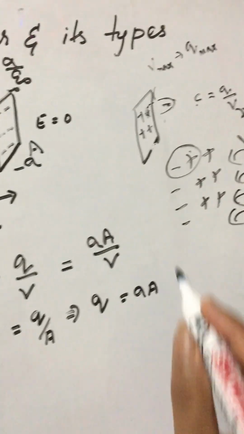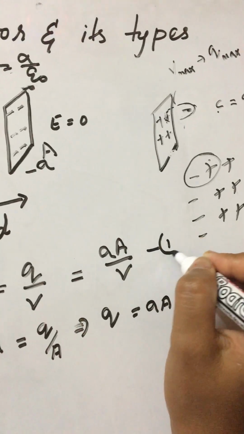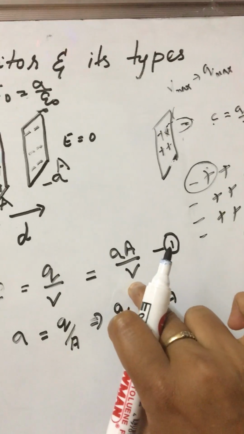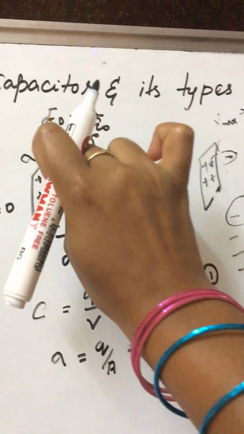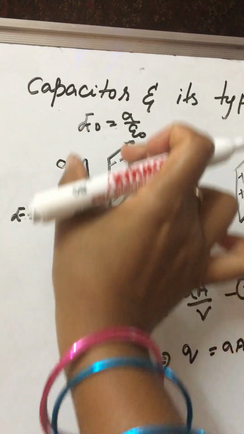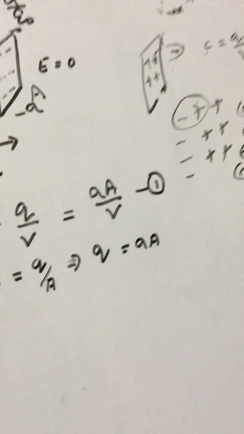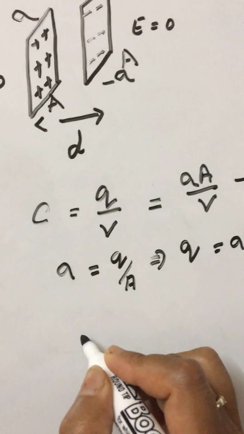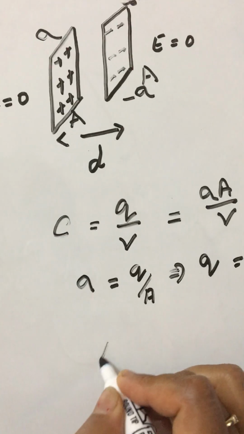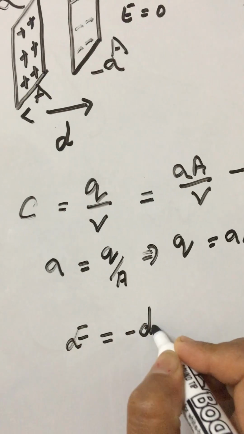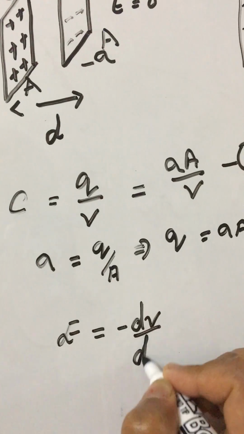This derivation is important, I'm telling you again. Now, is there any relationship between potential and electric field? Because we need the electric field in between. We have the relation: electric field is equal to the change of the potential with the distance.